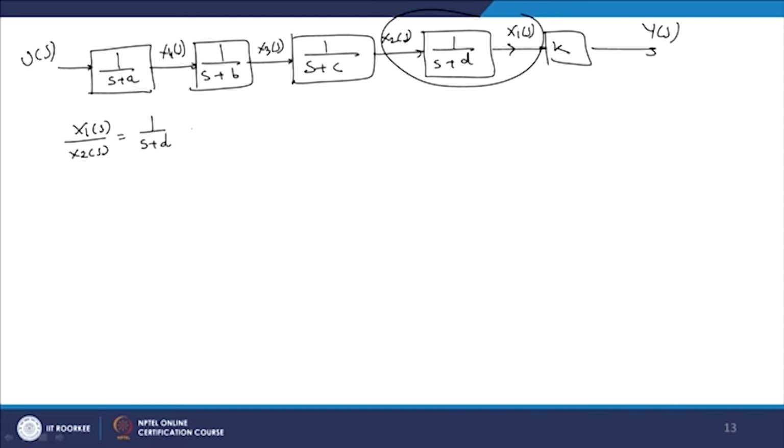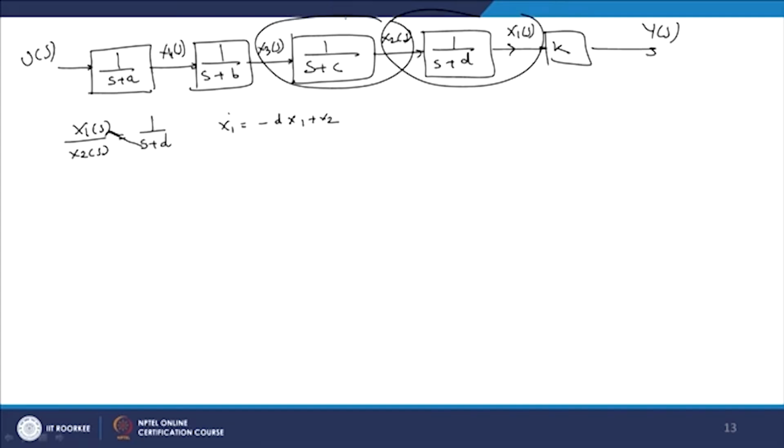Now you cross multiply it, then take its inverse. What will we get? We will get x1 dot equal to minus d times x1 plus x2. Here, d times x1 when we go to the right side becomes minus d x1 plus x2. Now about this block.